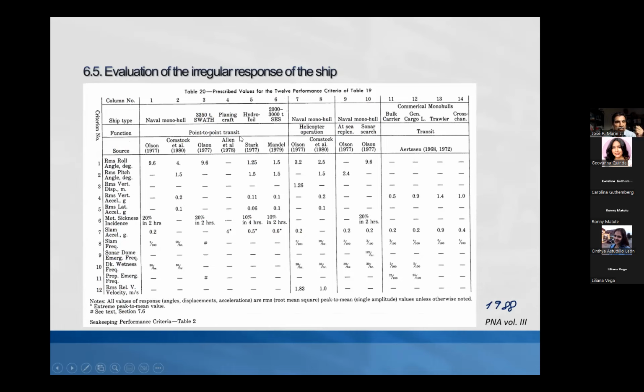Okay, and that depends on the type of function that the ship is doing, and if it is a naval or a commercial hull. Remember that this was a collection of information gathered in 1988. So probably by now you could find more up-to-date information, which is probably more precise.